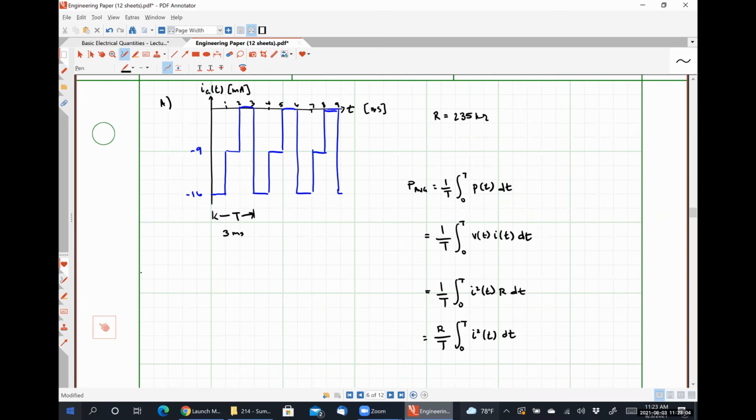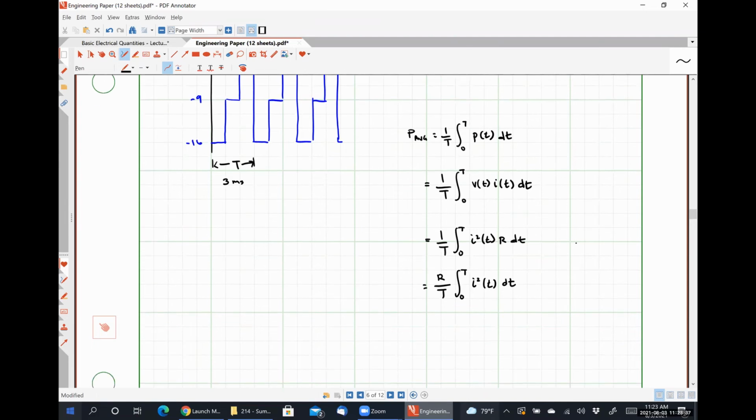But we still don't know what a function for I is. It's that waveform that we were given. That waveform in blue is I of t. So we're going to have to develop a mathematical expression for it to put into our integral, which in this case is going to be fairly straightforward.